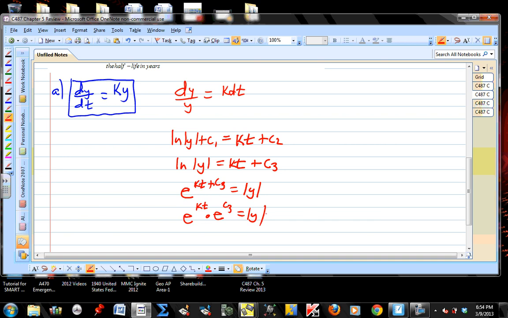Okay, now moving on. Let's continue. e to a constant power is another constant, so we'll call that c sub 4. Let's pull that constant out in front. c sub 4 times e to the kt power equals the absolute value of y. Then you get rid of absolute value bars by taking plus or minus of the other side.